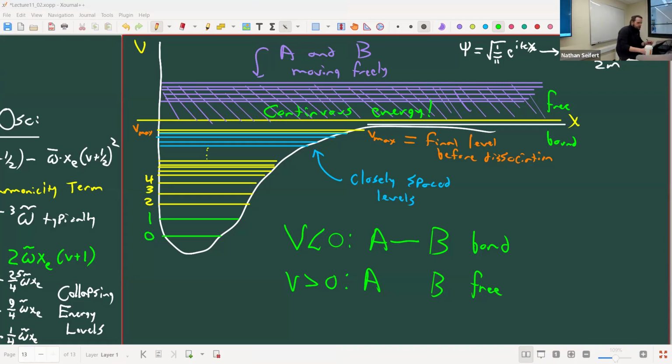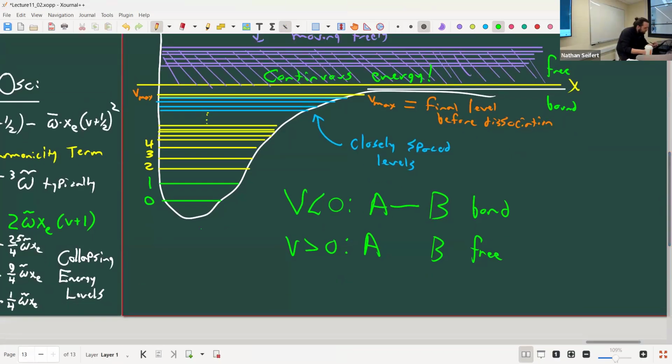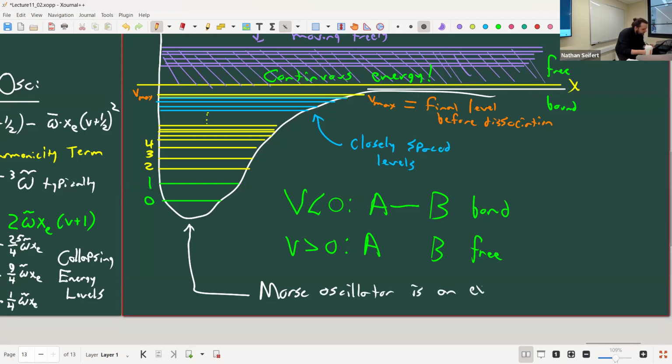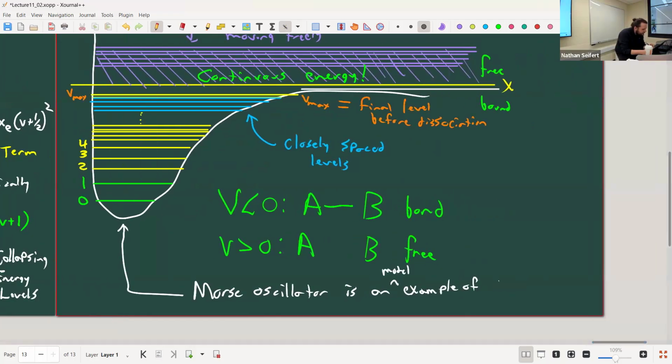I'm actually going to define a new term for you right now. This potential, the Morse oscillator, is a model example of what's called in chemistry a potential energy surface.